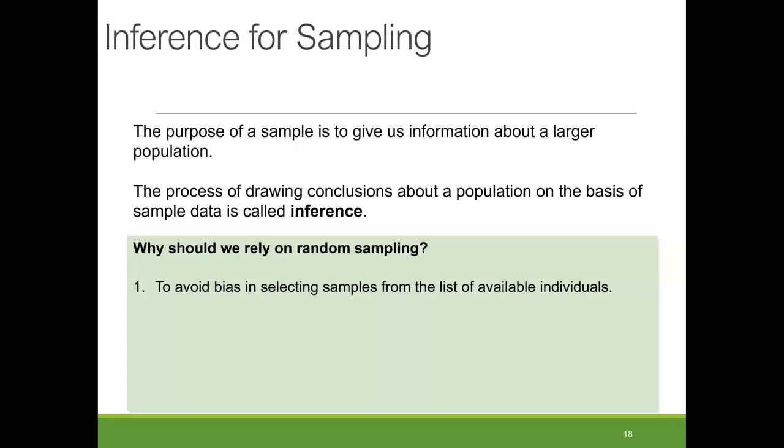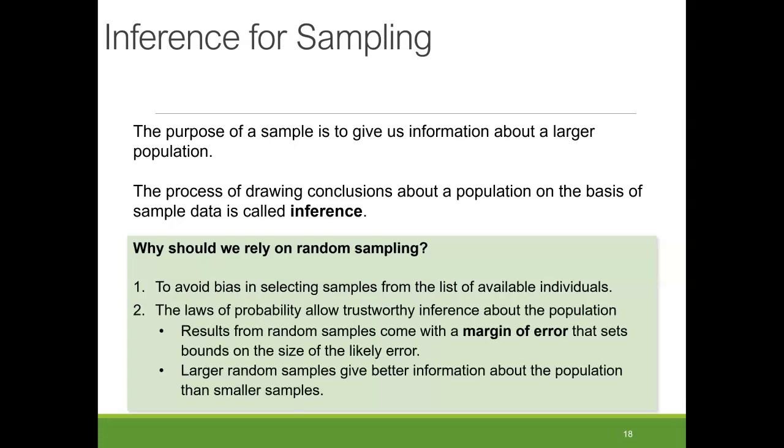And then, based on the laws of probability, the inference about our population is typically pretty trustworthy, with the notion that there's always going to be some margin of error.